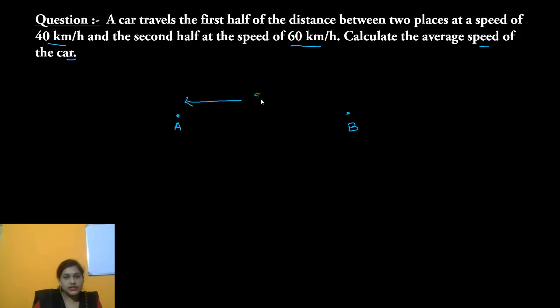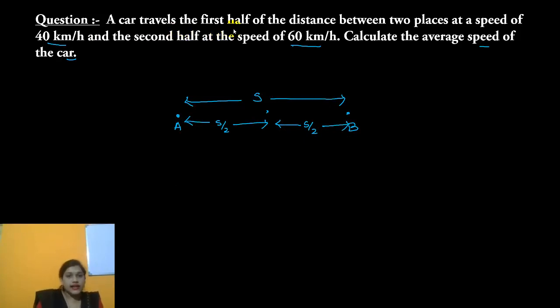Suppose this distance is given by s. Total distance is s, suppose. The car travels the first half. Suppose this is the midpoint, and this distance is s by 2 and this distance is s by 2. Total is s.